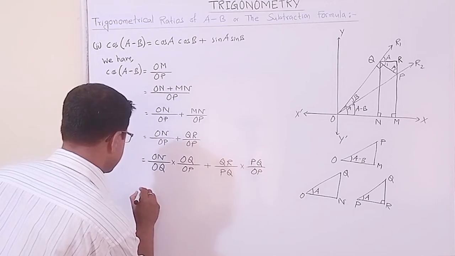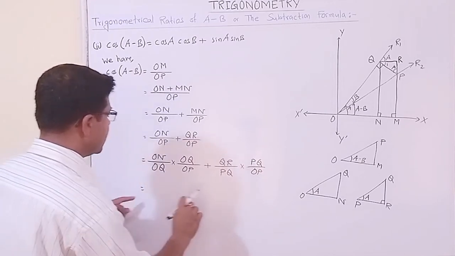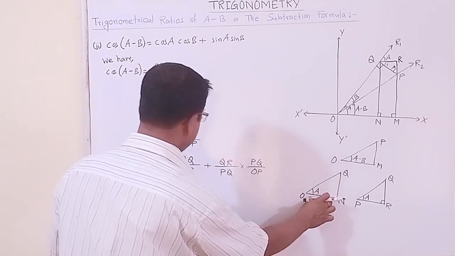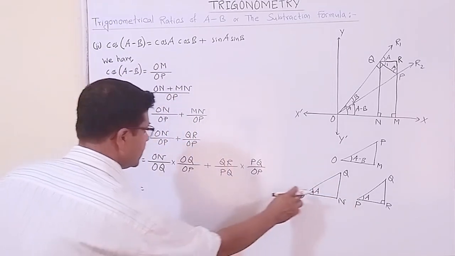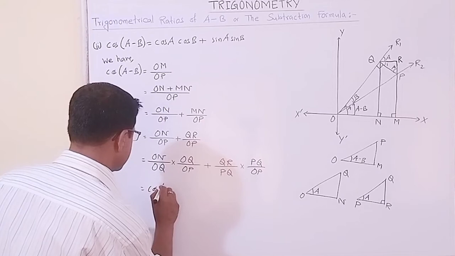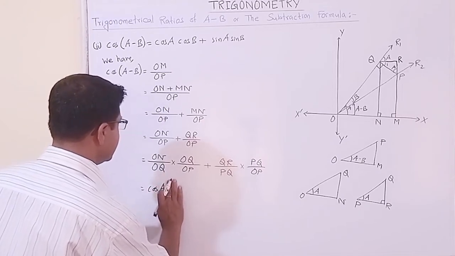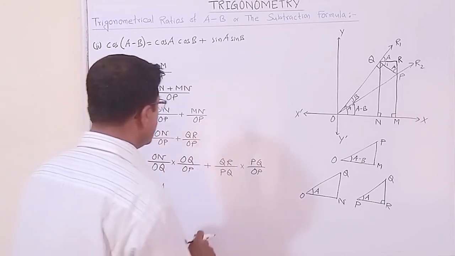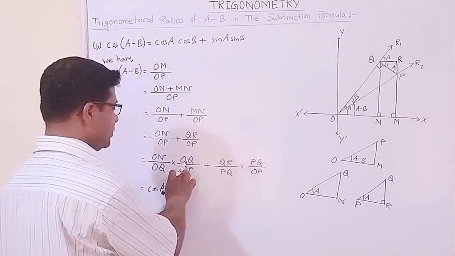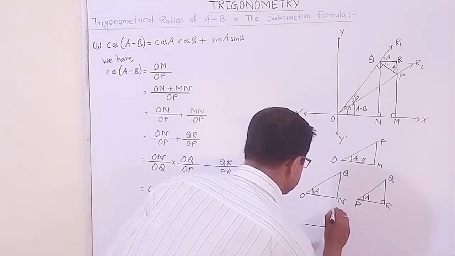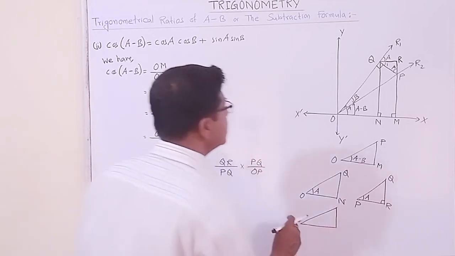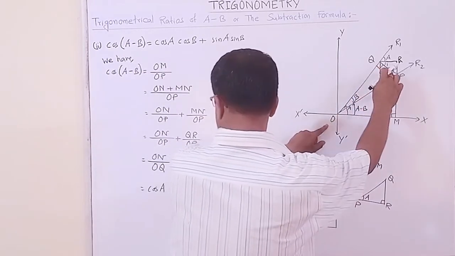Okay, right. Now in this triangle, base by hypotenuse is cos. Cos of which angle? A. Cos of A, into, it is understood that there will be into. OQ by OP. Let us draw the triangle. This is OQP.